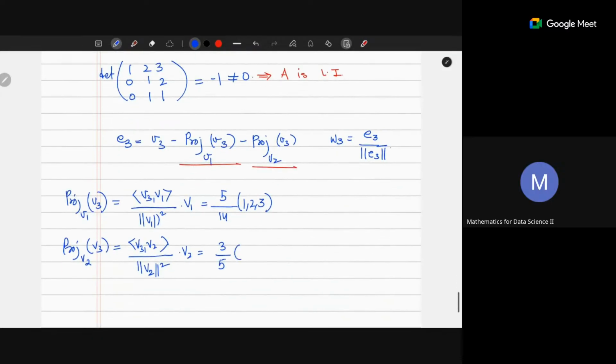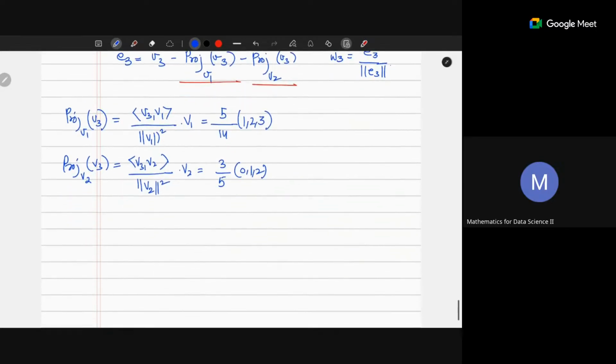So it is 3 by 5 times 0, 1, 2, right? Now you need to just put everything back into this formula. So E3 is V3 minus this vector minus this V2 vector. So V3 was 0, 1, 1 minus 5 by 14 times 1, 2, 3 minus 3 by 5 times 0, 1, 2. Now, can anyone tell me what is the answer at the end?